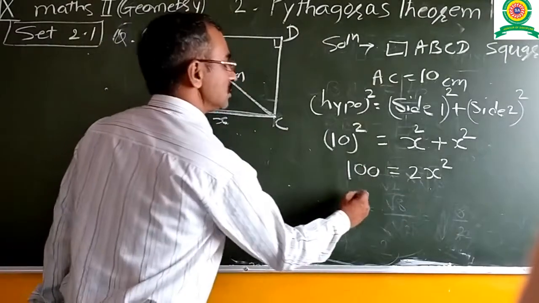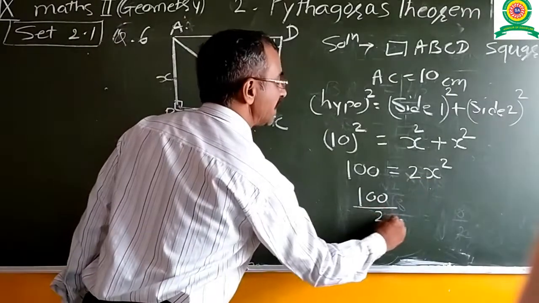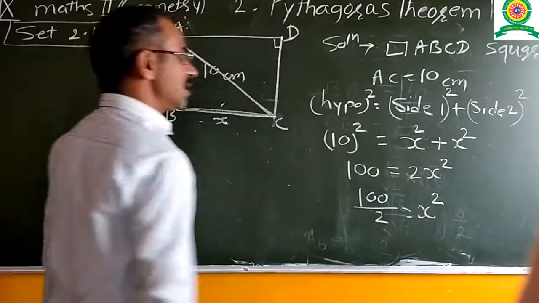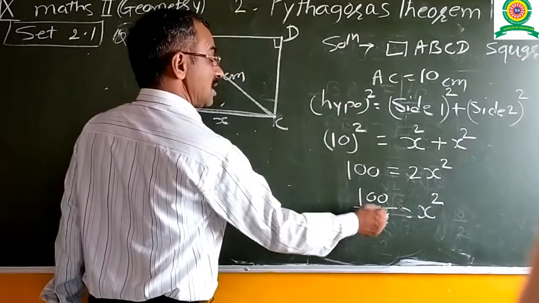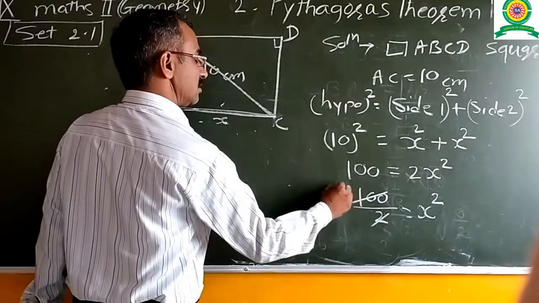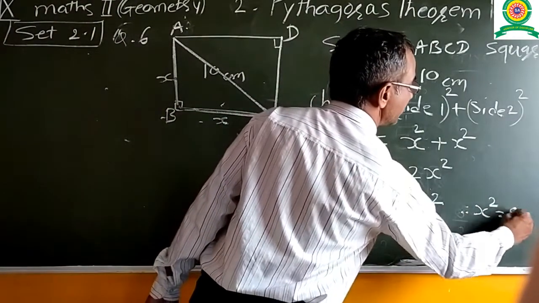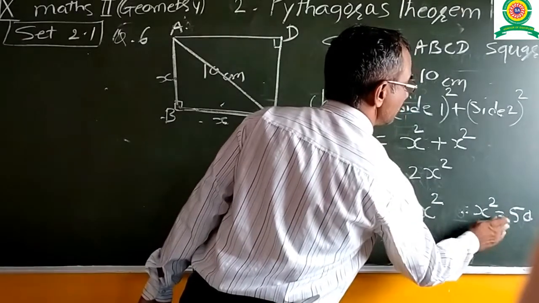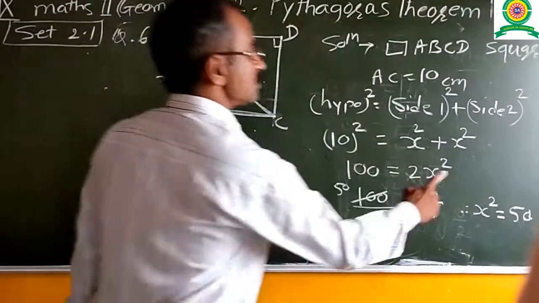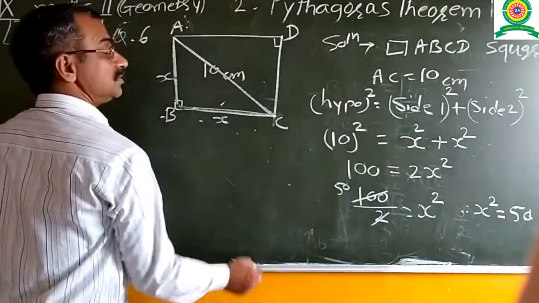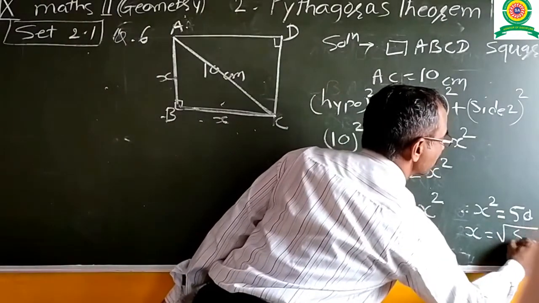Again, this 2 on the left hand side is multiplied, so it gets divided. So x square is 100 upon 2. 2 fives are 10, 2 fives are 10, so 50. Therefore, x square is equal to 50. By taking the square root, x is equal to under root 50.